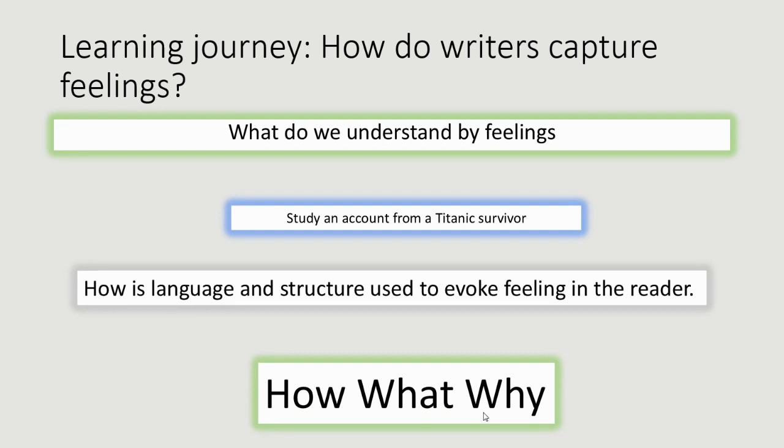And there's four main parts to this. We're going to look at what do we understand by feelings, and we've already started our work on that. We're going to study an account from a Titanic survivor. We're going to look at how is language and structure used to evoke feeling in the reader. And I'm going to introduce you to the what, how and why method of studying a text.